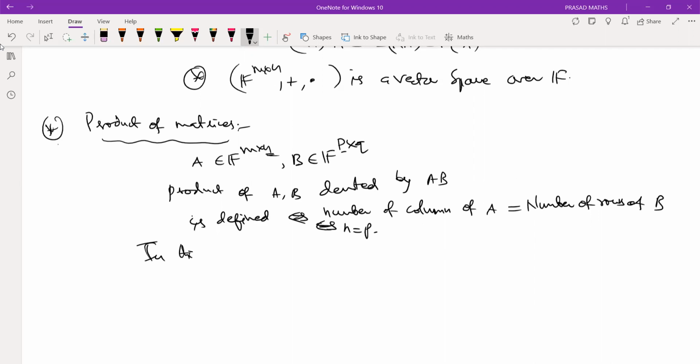In this case, what are the entries? How can you write the elements of AB? The elements are written using this formula.